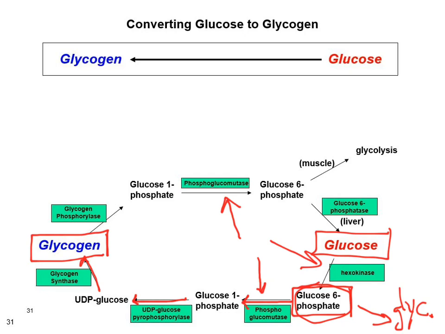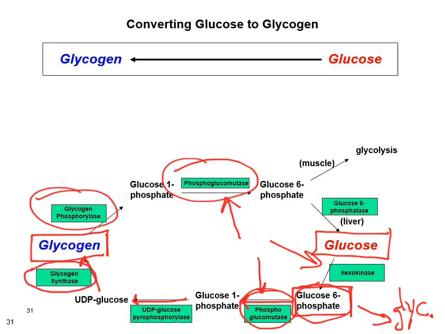One is, notice that some enzymes are used in both pathways, right? In the breakdown and buildup of glycogen, phosphoglucomutase is used in both pathways, while some enzymes are unique. Notice glycogen phosphorylase is only part of the breakdown pathway, and glycogen synthase is only part of the glycogen synthesis pathway.